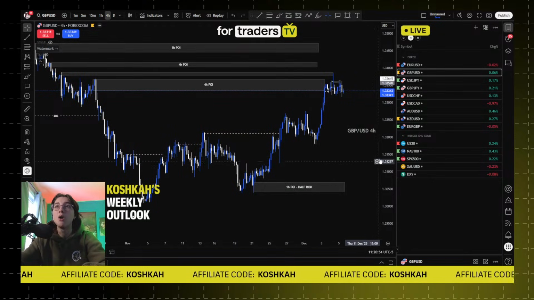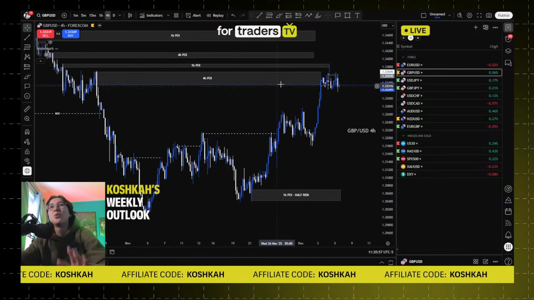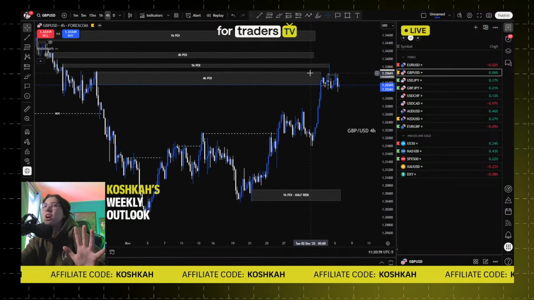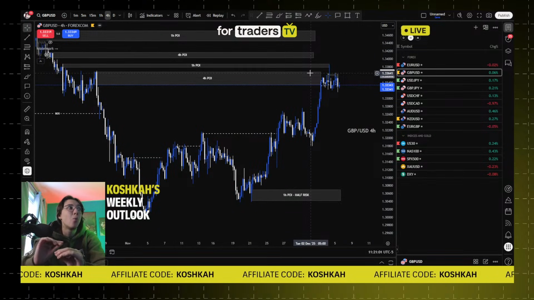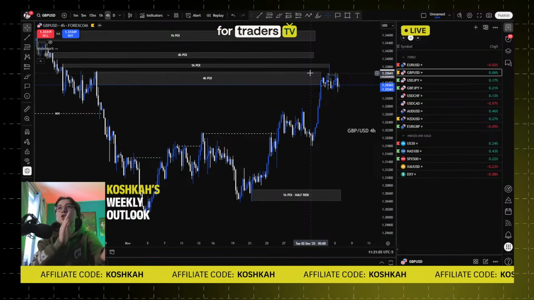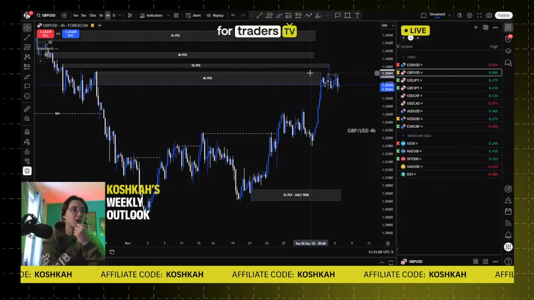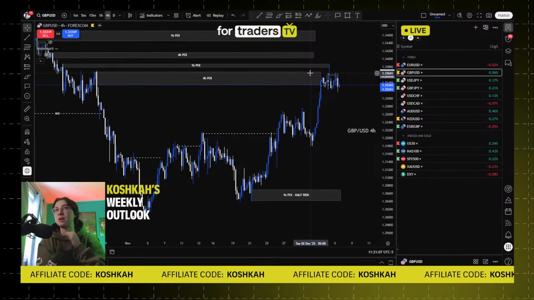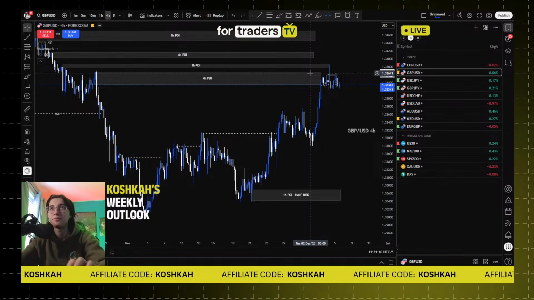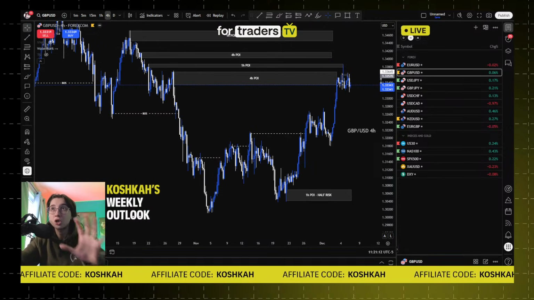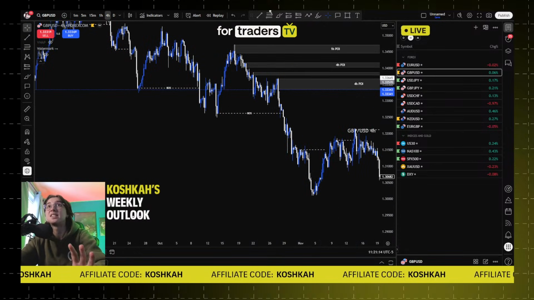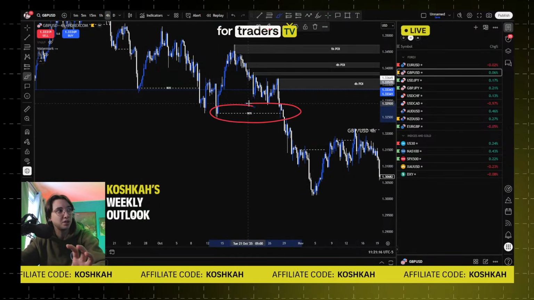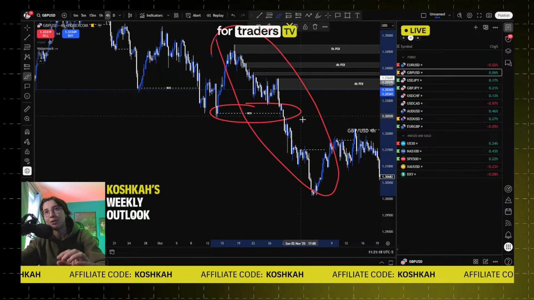So what does that mean? It means that right now the traders are not 100% sure that this is a bullish range or sure that this is a bearish range, okay? But the structure tells us that this is the last break to the downside and this is the big range.